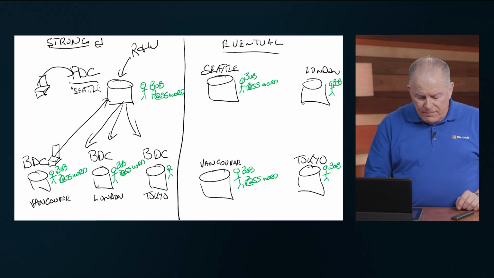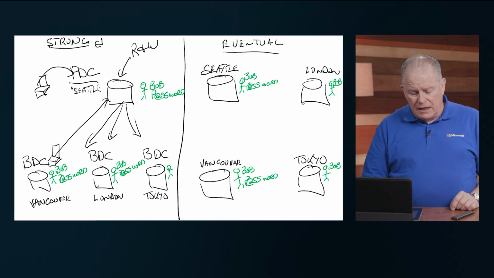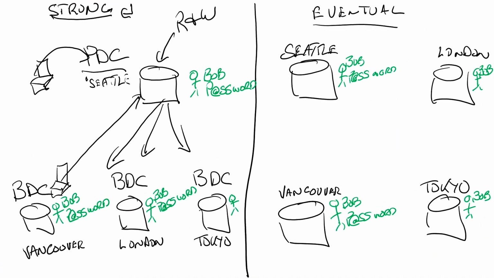So if a user called up and said, I need to change my password, that user might connect from Vancouver to the Seattle domain controller and change the password to something new, say, secret.